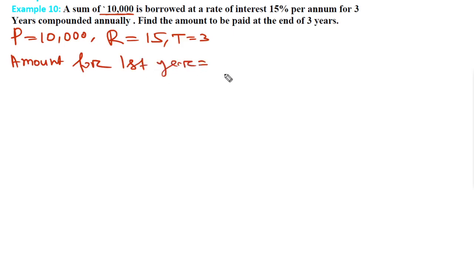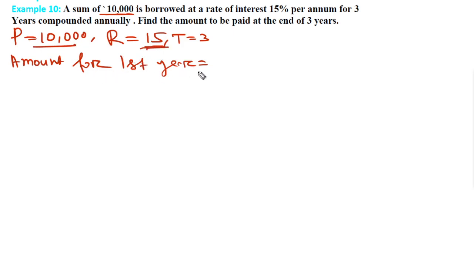Amount for the first year will be equal to, here 15% is interest. We don't need the interest only, we need the principal also. So 100% is the principal, 15% is the interest.